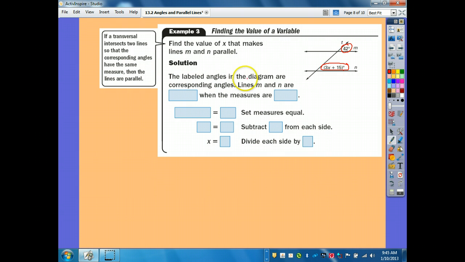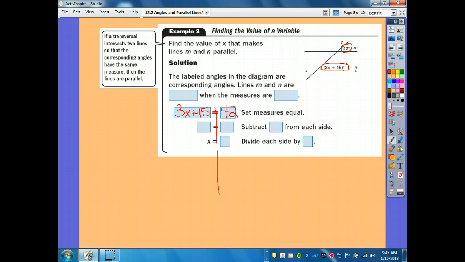The labeled angles in the diagram are corresponding angles. Lines M and N are parallel when the measures are what? So how should I set that up? 3x plus 15. These are just like we were talking about today in our homework, 26, 27, and 28 in our book. 3x plus 15 equals what? If they're parallel, this will work.